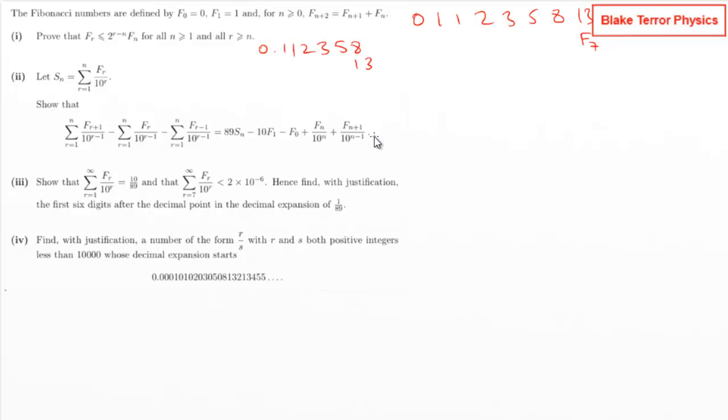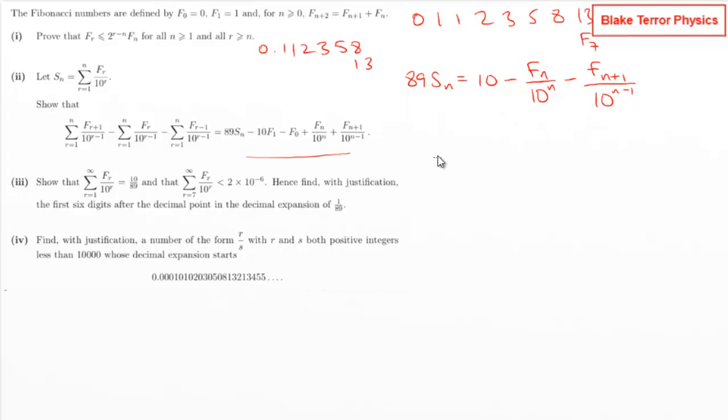So how am I going to get S infinity? I've got all of that, and I know that's equal to 0. So I've got 89 Sn is equal to 10 F1, which is 10, plus 0, minus Fn over 10 to the n, minus Fn plus 1 over 10 to the n minus 1. And I want S infinity.